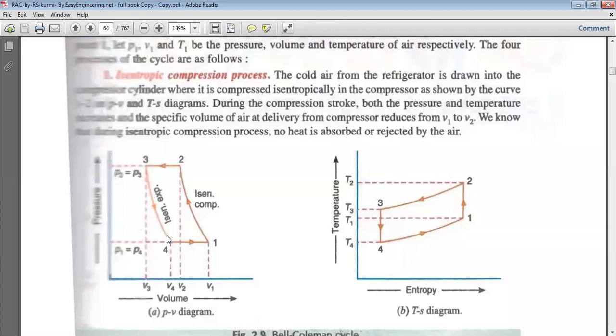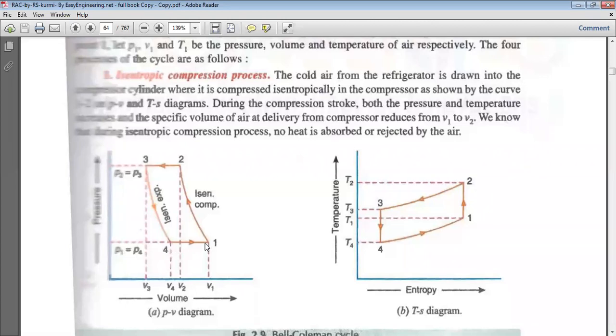Whenever expansion takes place, pressure will be decreased and temperature will be decreased, but volume will be increased from V3 to V4. Whenever pressure is decreased, volume will be increased. Therefore, pressure is decreased from P3 to P4, temperature is decreased from T3 to T4, and volume is increased from V3 to V4.